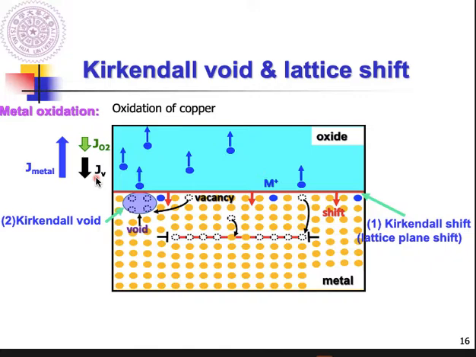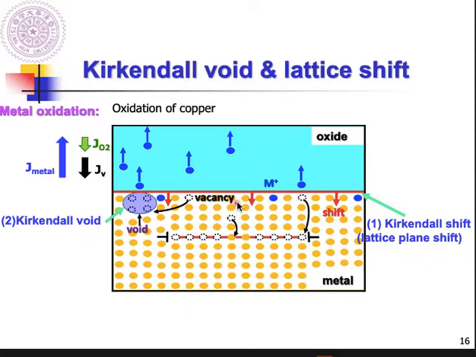So based on this concept, you can observe the vacancy at the metal side. Here is the copper side, because the J copper is larger than J, the flux of oxygen.